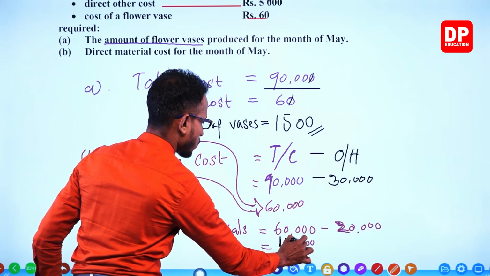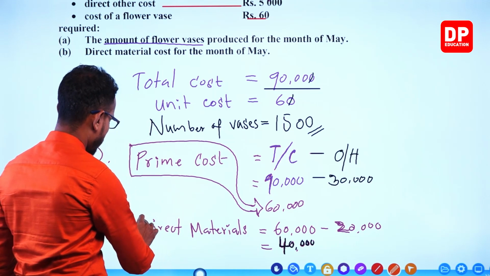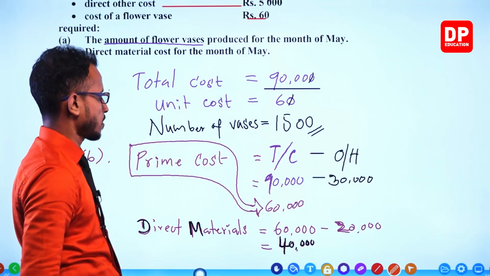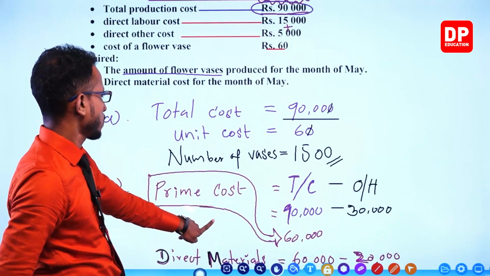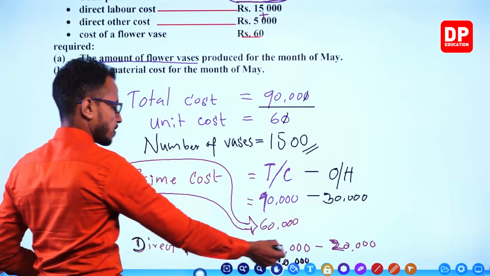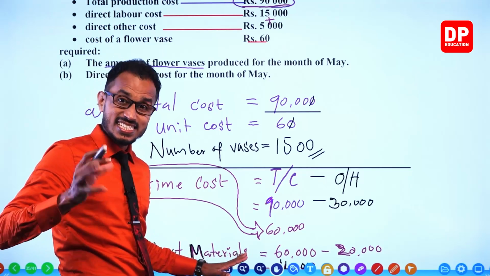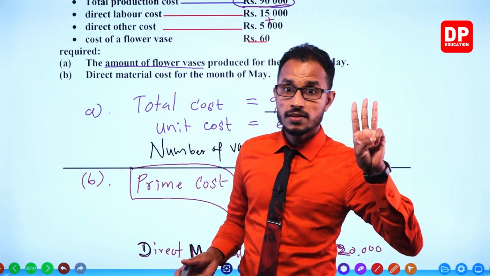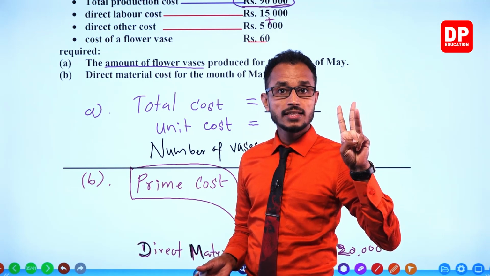There we go. 40,000. That is direct materials. Because the prime cost, 60, is made up of 3 direct costs: direct material, direct labor and direct other.